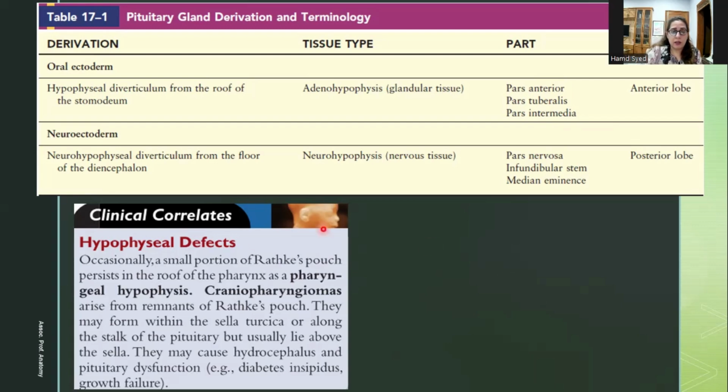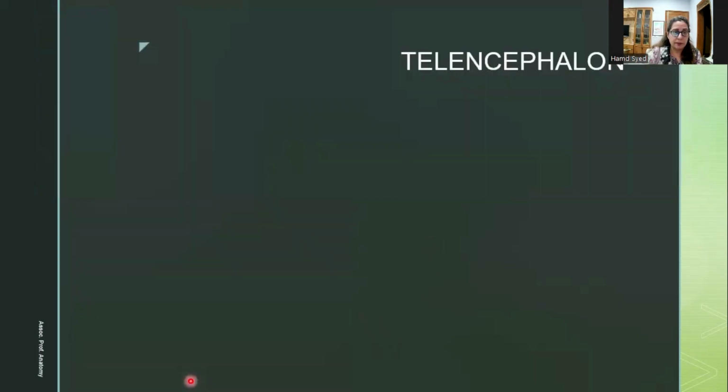Keep in mind the craniopharyngiomas are abnormal tissue remnants of Rathke's pouch, and they might be present within the sella turcica or along the stalk of the pituitary, but they usually lie above the sella turcica, and they might cause pressure effects on the surrounding structures, leading to hydrocephalus and also dysfunction of the pituitary gland, for example, diabetes insipidus or growth failure.